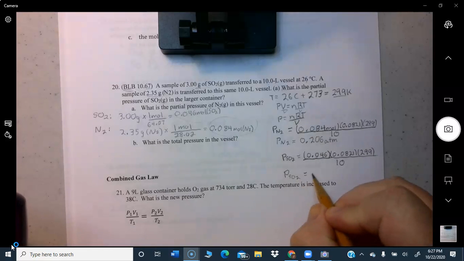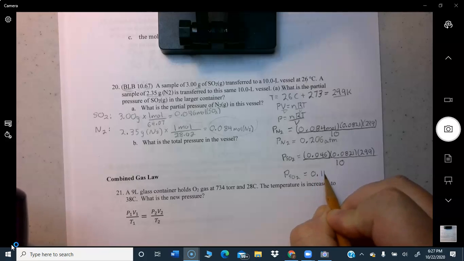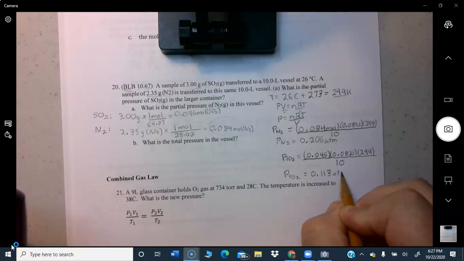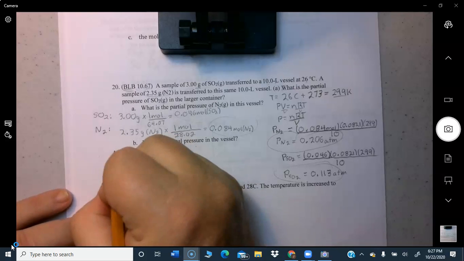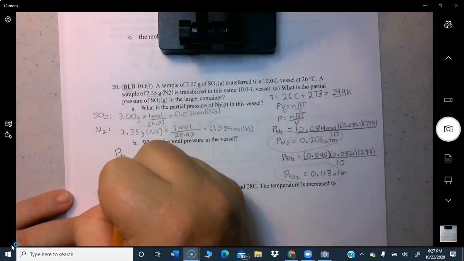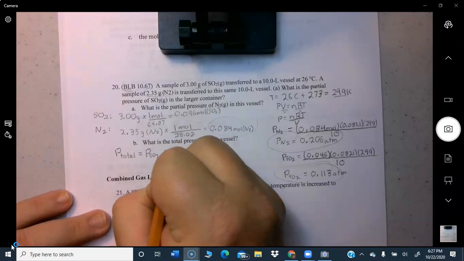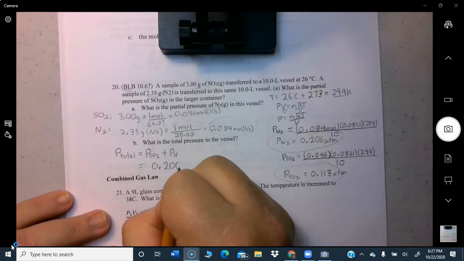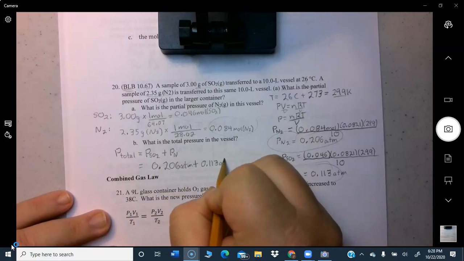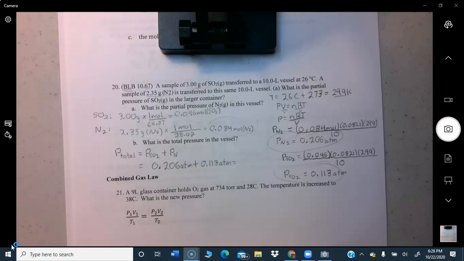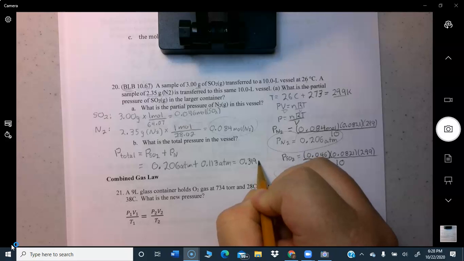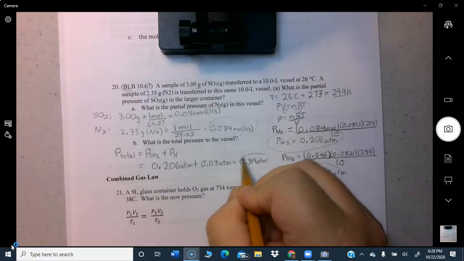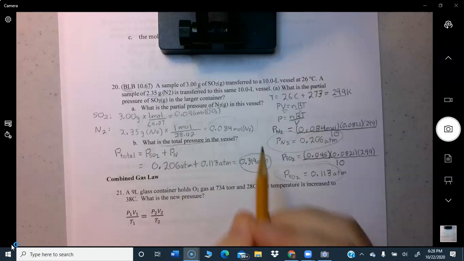Okay, and that gives us 0.113 atmospheres. Okay, so this is partial pressure of SO2, partial pressure of nitrogen. So the formula for total pressure is P total. Okay, and that gives us 0.319 atmospheres for our final answer for this total pressure in the vessel.